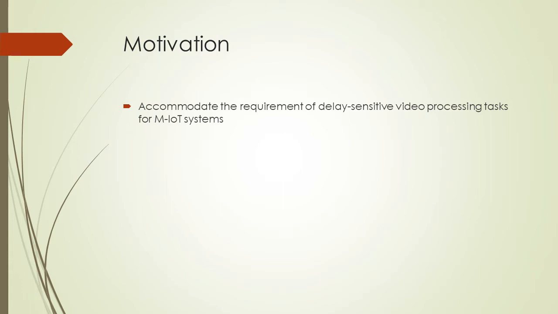Moreover, delay-sensitive video processing tasks can be divided into subtasks and pre-processed by multiple edge nodes in parallel to further accelerate the computation. In edge computing enabled networks, the handling of video processing tasks for multimedia IoT systems is different from that in conventional networks.